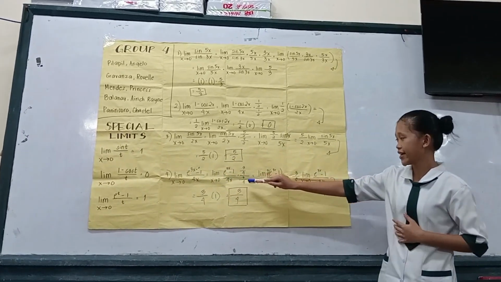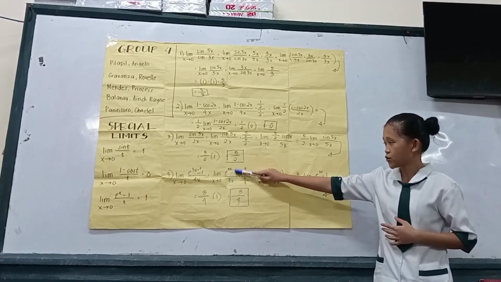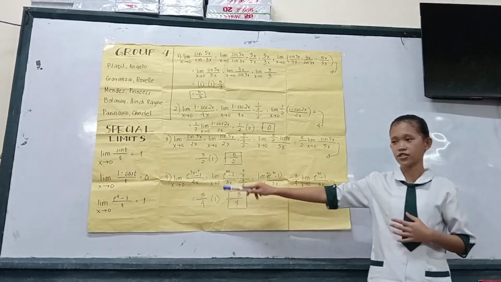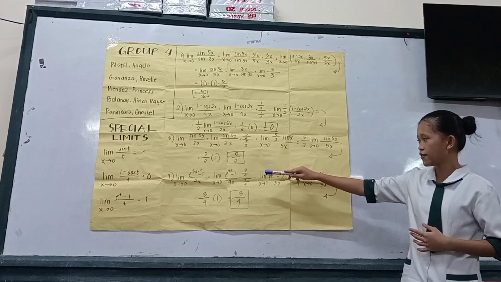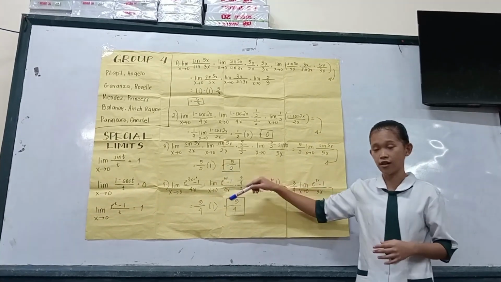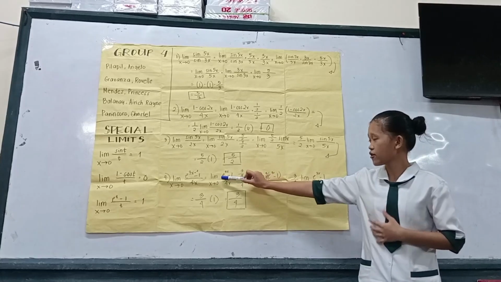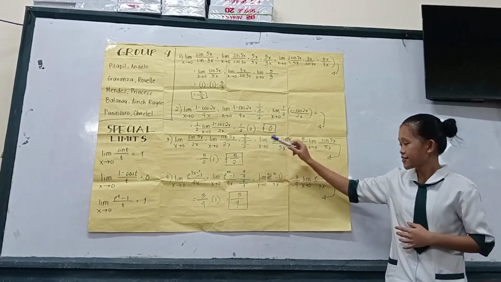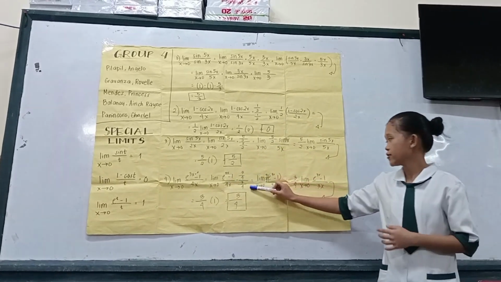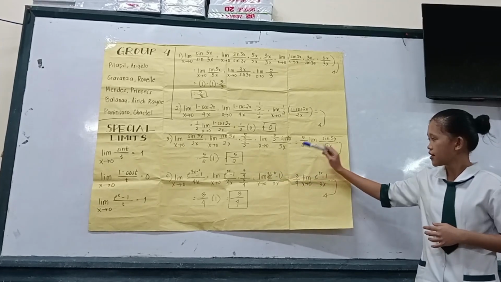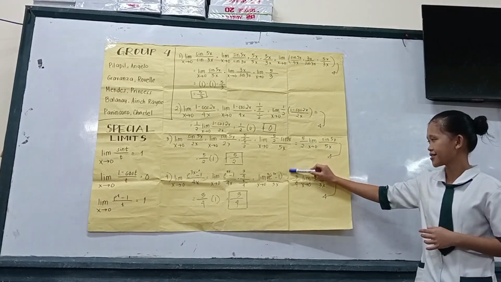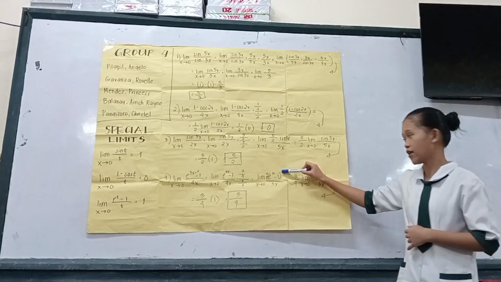So for the limit of e to the power of 3x minus 1 over 4x as x approaches 0, we multiply by 3 over 4 in both the numerator and denominator. So e to the power of 3x minus 1 times 3 over 4 results in 3 over 4 times e to the power of 3x minus 1.